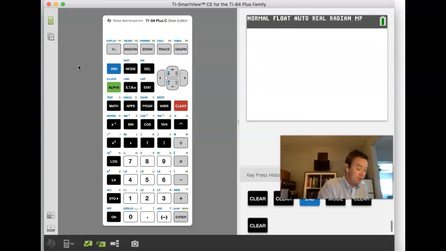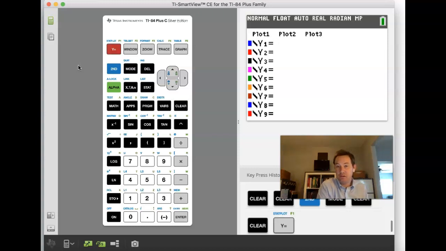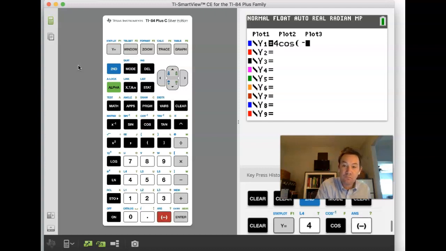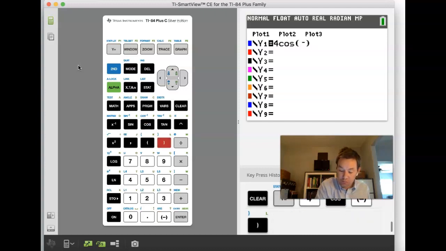Okay, so there are a couple ways you can do this in your calculator. One way to do it, we can go into our graphs, our y equals, and we can enter the equations separately. So you would just put the left-hand side of the equation in y1. Oh, sorry, that should be 4 minus cosine.